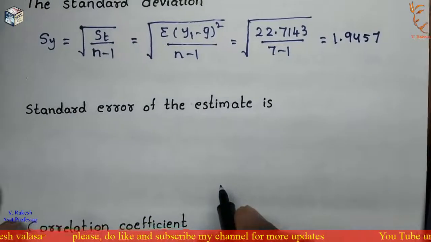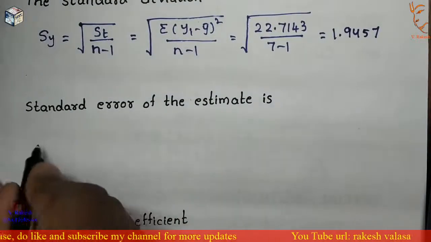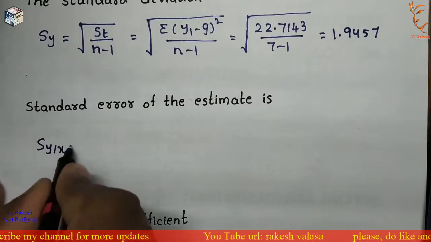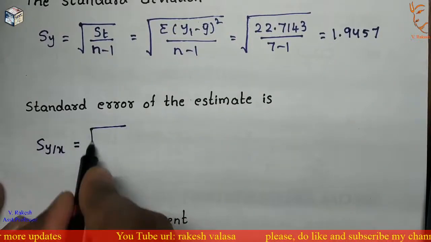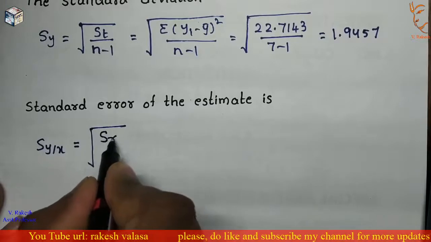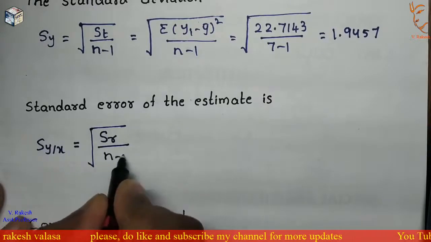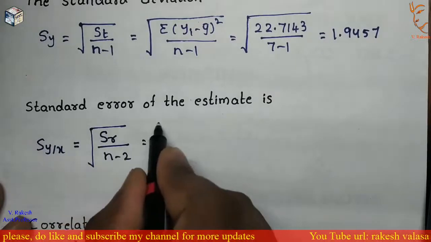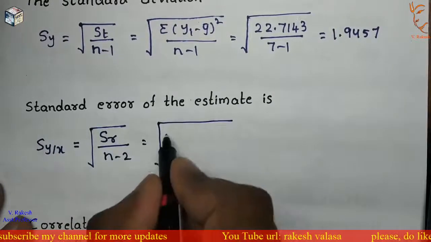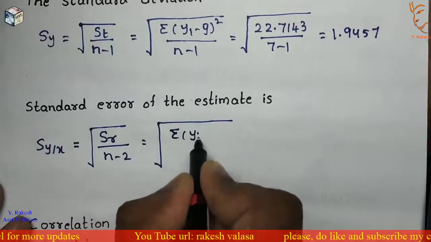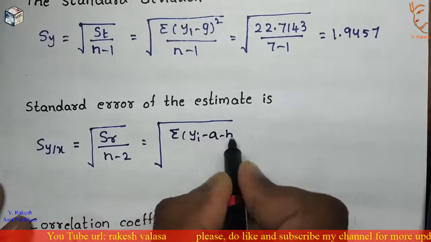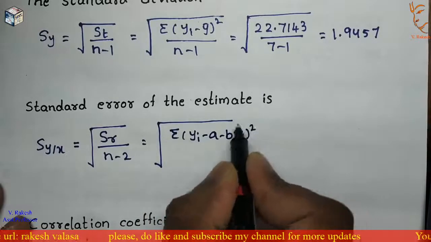Next one is standard error of the estimate. That means Sy by x equal to under root Sr by n minus 2. We know the Sr formula, that is summation of yi minus a minus b xi whole square.